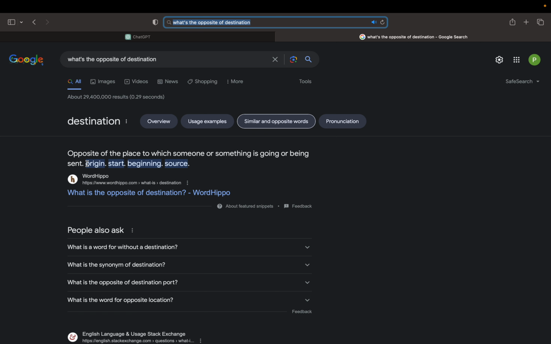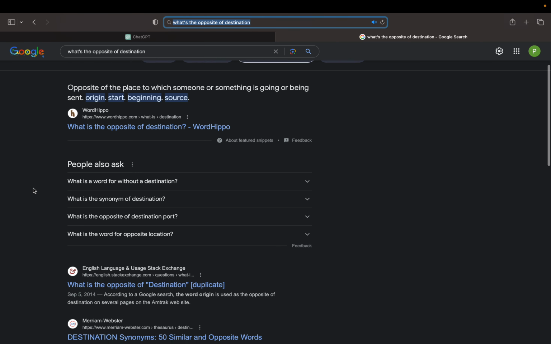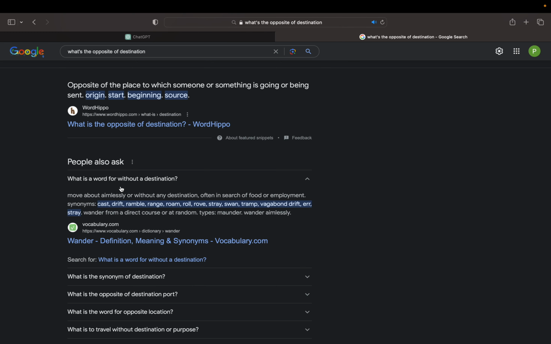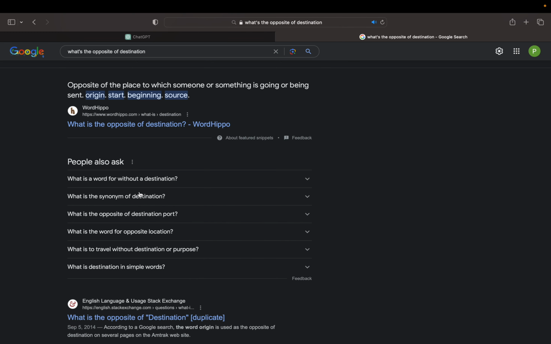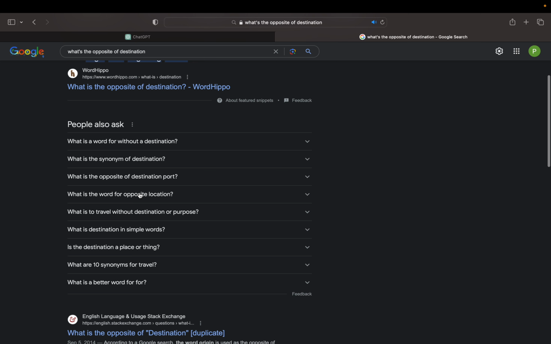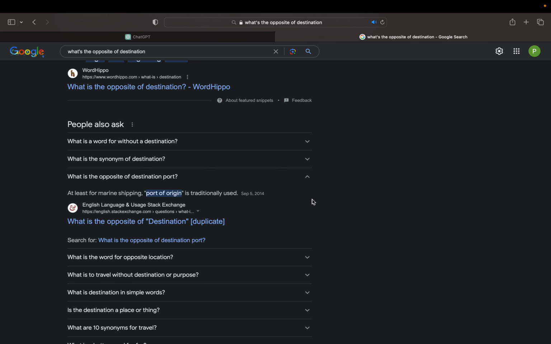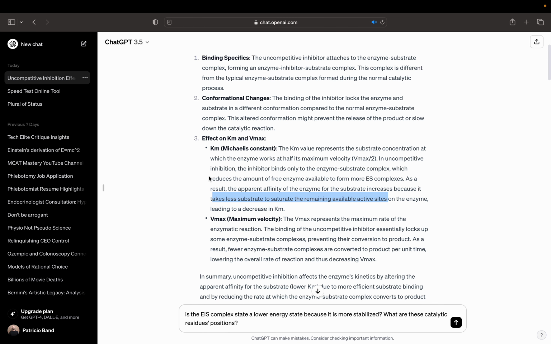The source, the start. I mean, it doesn't make sense to me, but yeah. The port of origin. Yeah, like from the origin. There's no good word for the opposite of destination. I don't know why. Yeah, so from the origin.